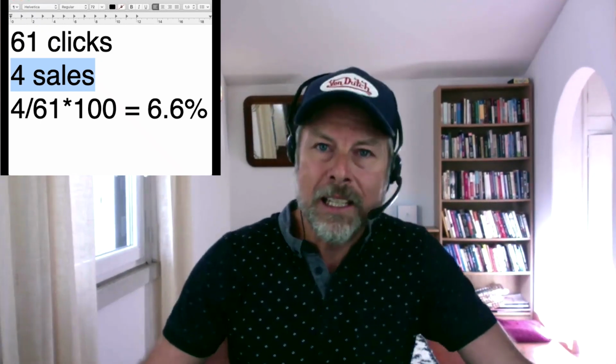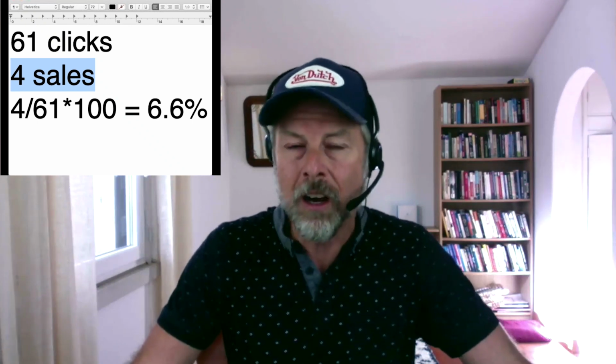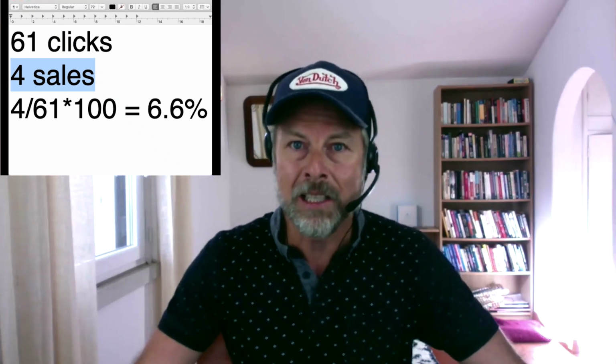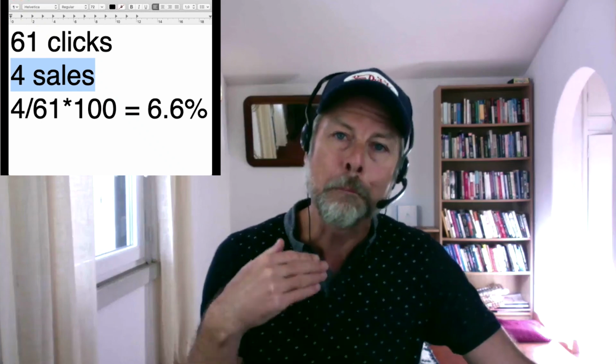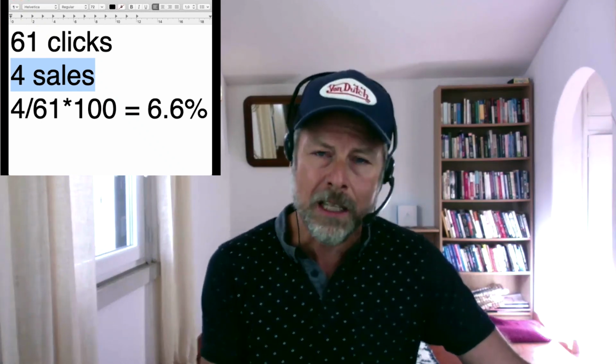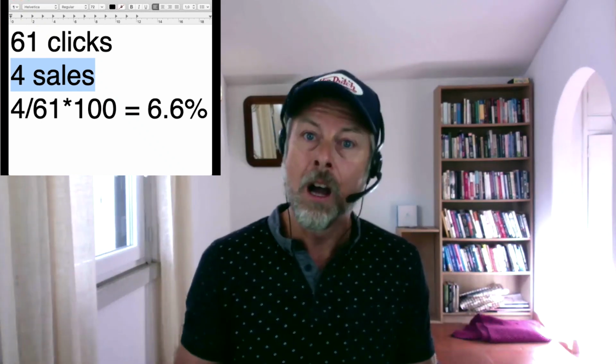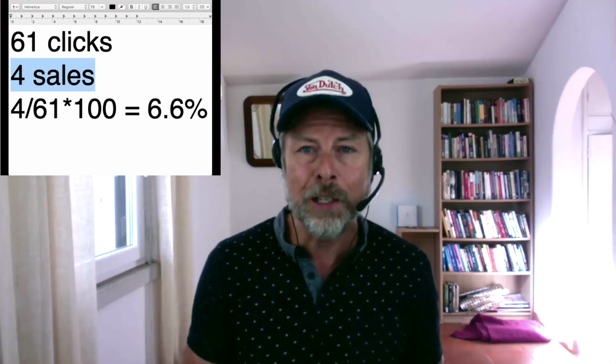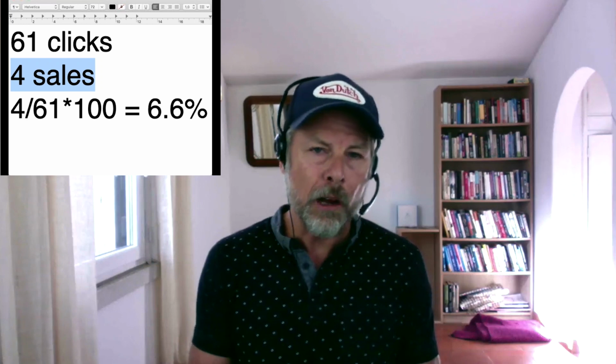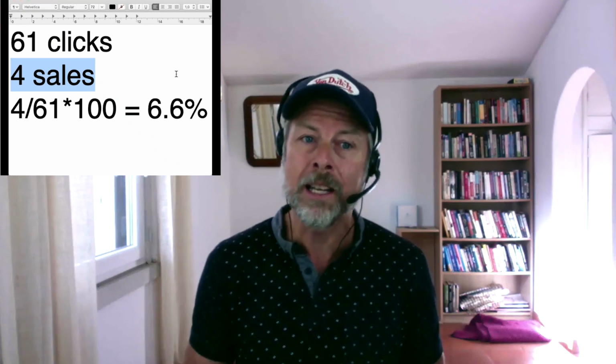The money is made in the optimization of your Amazon PPC campaigns. It's by going back in once you've set them up and got some data and looking at what's actually happening and thinking about it, not only from a data point of view, but also from a customer point of view. That's where the money is made.